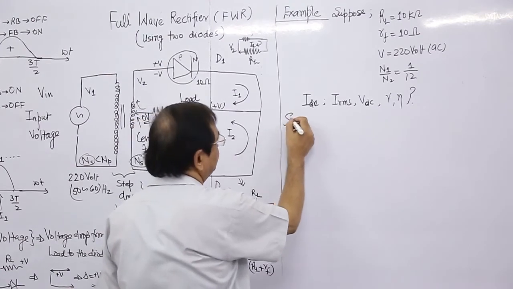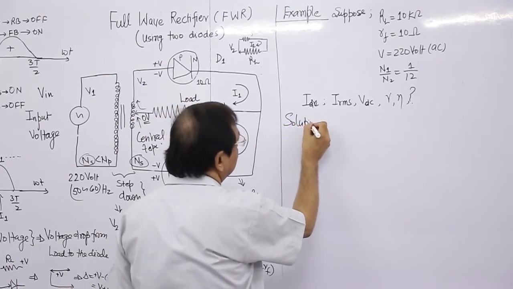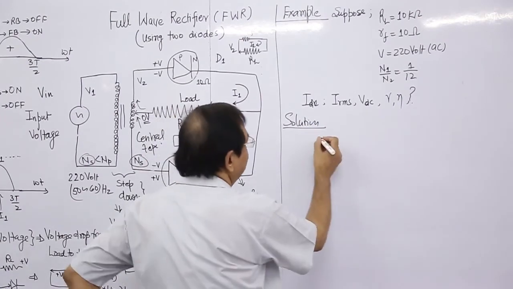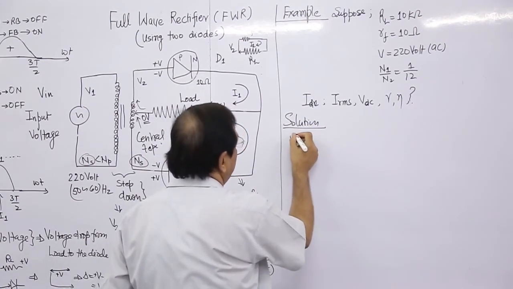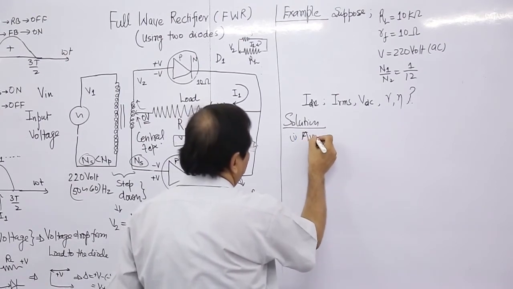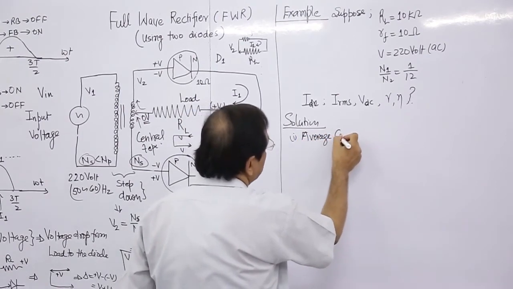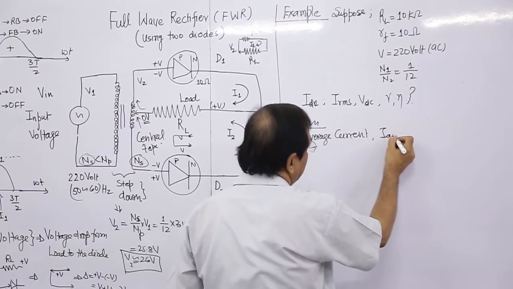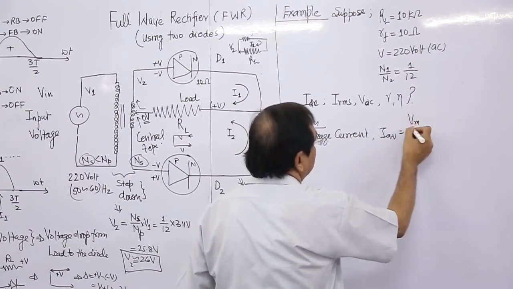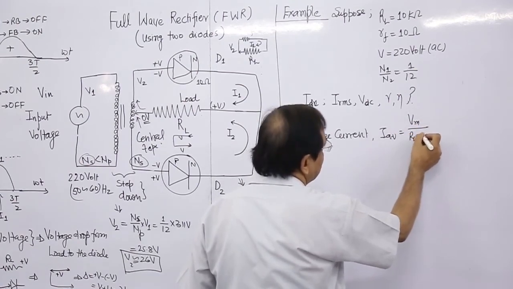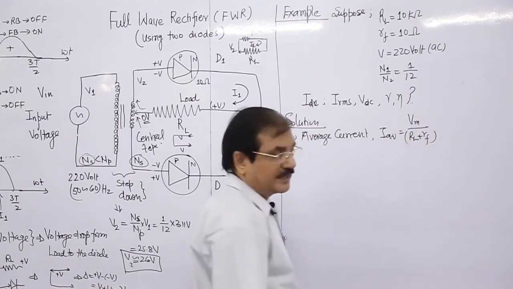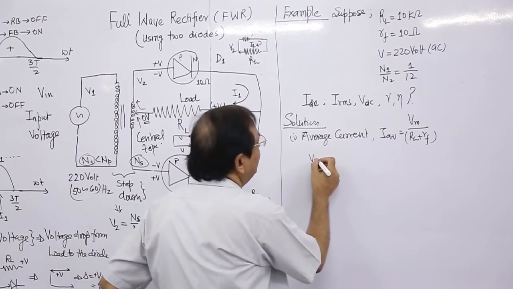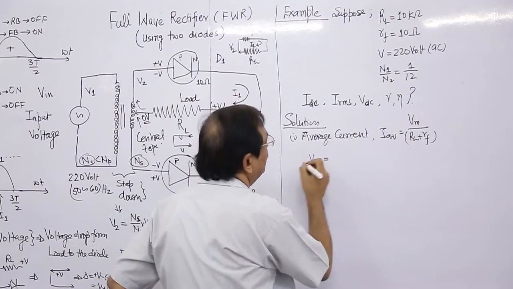So, solution. First, the average current I average is equal to Vm upon RL plus RF. What is Vm?